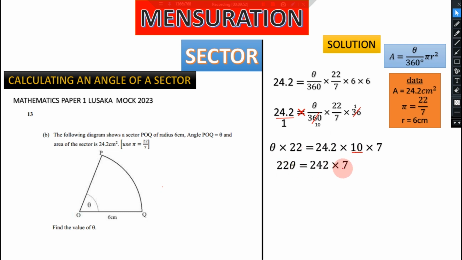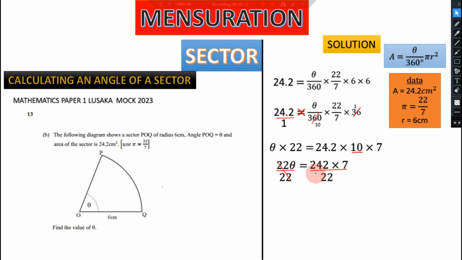From here, don't multiply with the 7, divide on both sides by 22 so that we remain with the theta. On the left side, the 22s cancel and give us a 1. Then I can reduce the 22 and the 242.